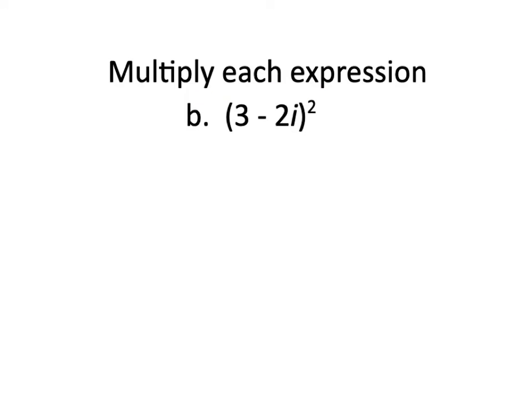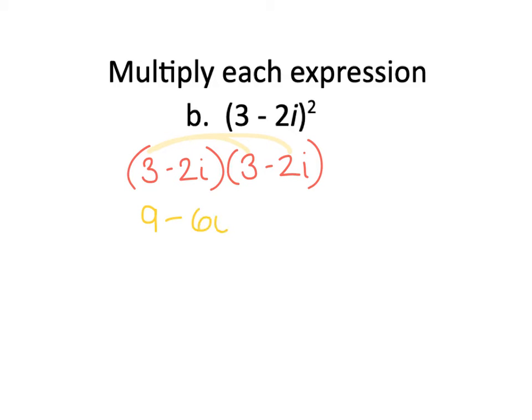I would encourage you on this example to write out your squared complex number as two separate complex numbers and then begin distributing. You're going to take the first 3 times each term in the second. So this would be 9 minus 6i.